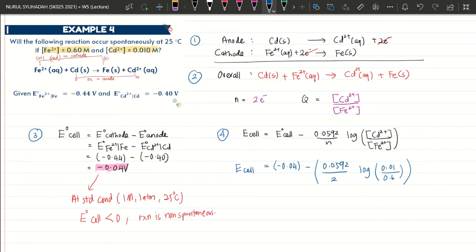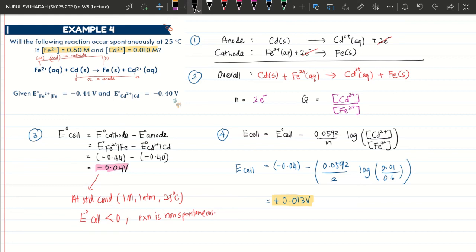Calculate the value and you will get the E cell as positive 0.013 volt.